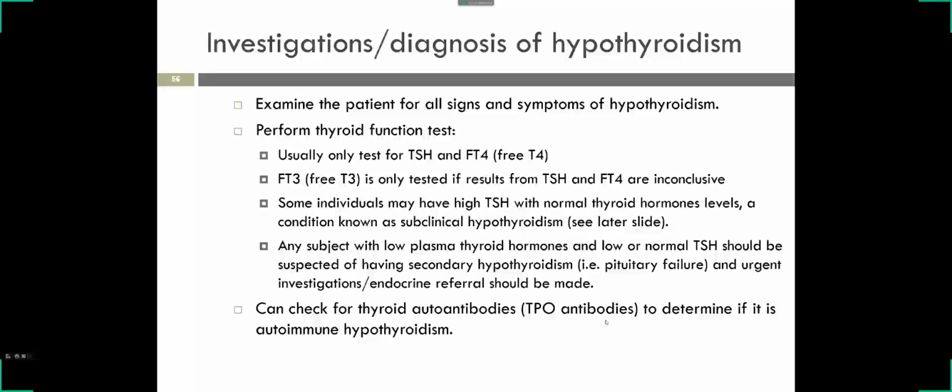So it converts iodine to iodide, and it's a key step in the process. And in this case, typically no imaging of the patient is necessary. You can just measure these by blood tests, and you should be able to make a diagnosis.